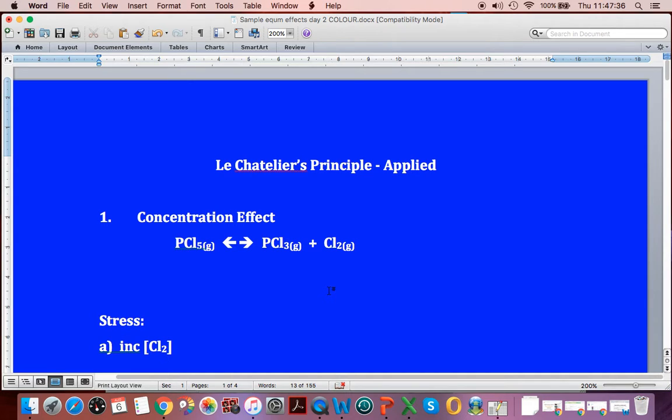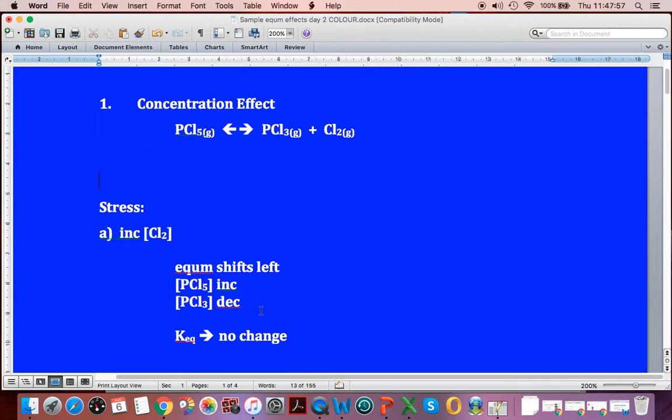Now, if I asked you about the Cl2 concentration, the wording of the question becomes really important, because overall the Cl2 will end up higher than before the stress was applied, but it will decrease after the stress. So once the stress is applied, the Cl2 has gone up and spiked, it will gradually decrease. So there we have a shift left, PCl5 increases, PCl3 decreases, and the Keq, there's no change. Concentration does not change the value of Keq.